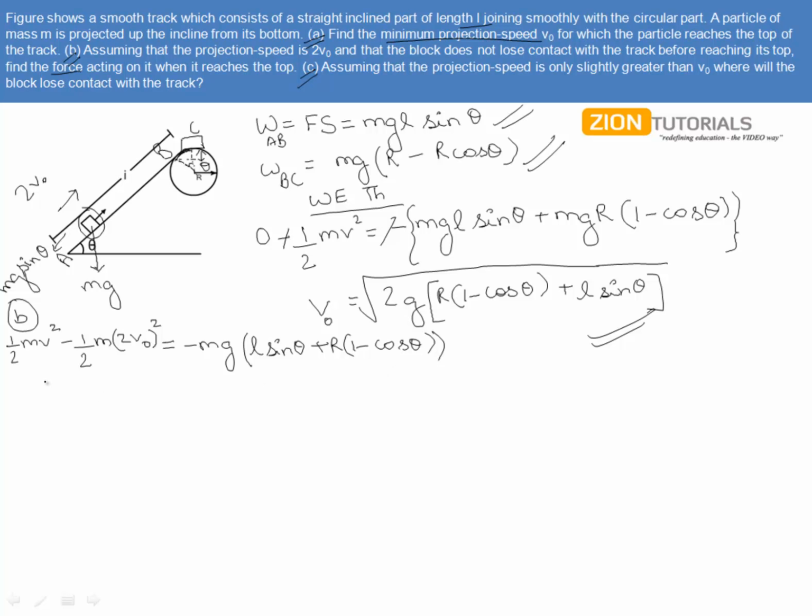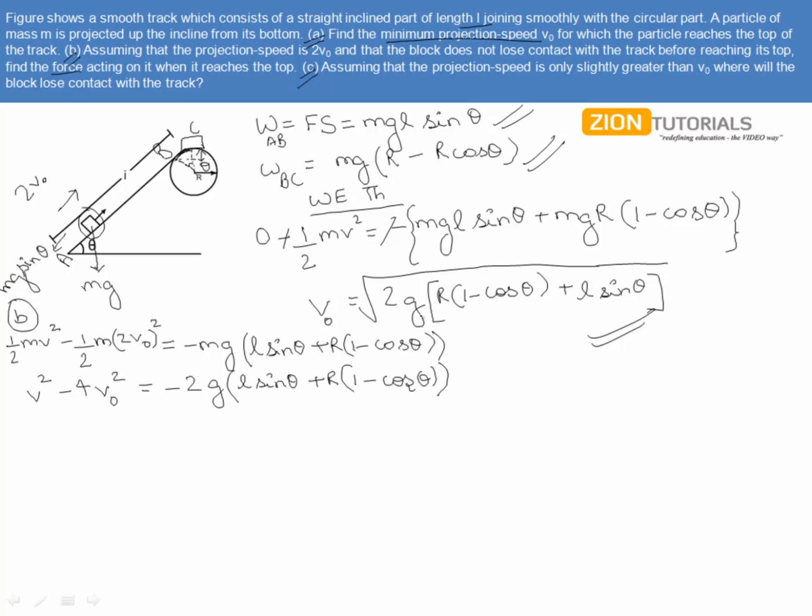Now putting the values over here, we get v square minus 4 v naught square equal to minus 2g into L sine theta plus r into 1 minus cos theta.